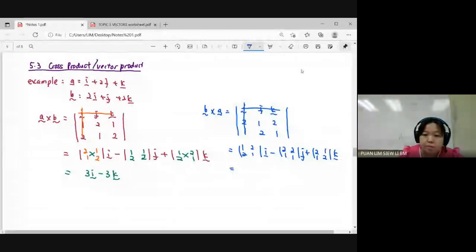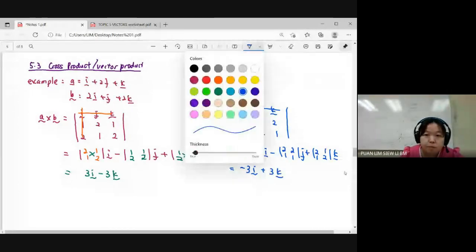So you boleh nampak darab silang 1 tolak 4 negatif 3I. 2 tolak 2 kosong, 4 tolak 1 positif 3K. Jawapan sama tak? Sama dengan sebelum tak? Lain, Miss.